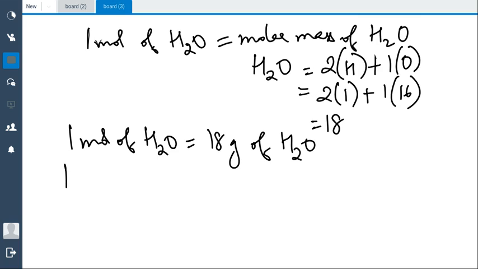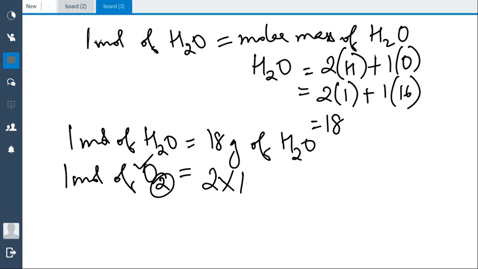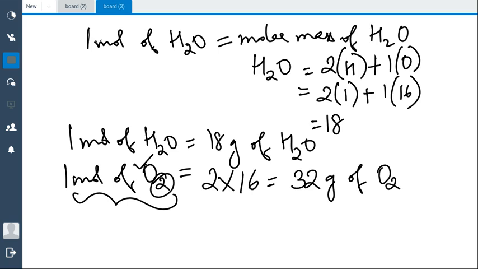Okay? If I write 1 mole of O2. Now, how many oxygens are there? 2. And what is the molar mass of 1 oxygen? 16. So that means 1 mole of O2 will be equal to 32 grams of O2. Okay, this is easy.